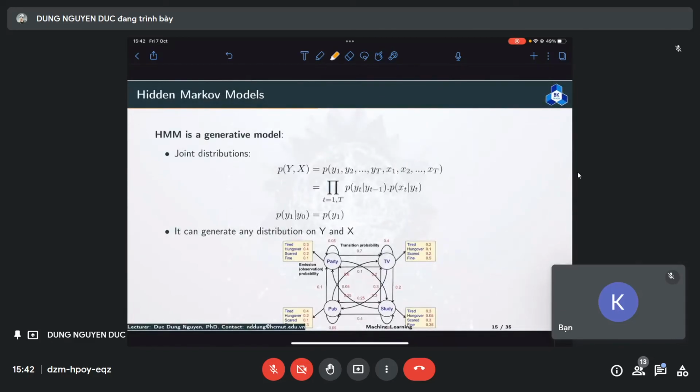Now, given that you can generate any distribution of the hidden state and the observation, in other words, if you have a sequence of activity, think about it, you are working in an environment like a company, and you have some activities that you have to perform, like coding, meeting, and then meeting, and then coding, and then meeting the customer, and so on and so forth.